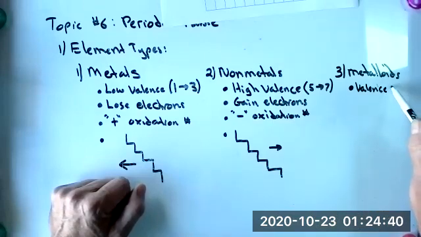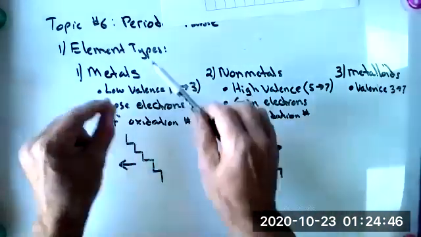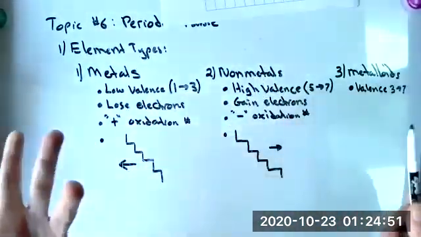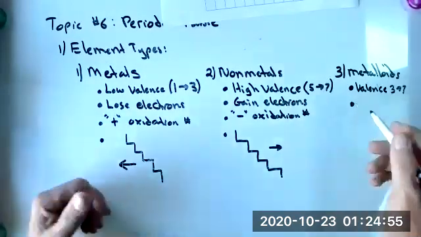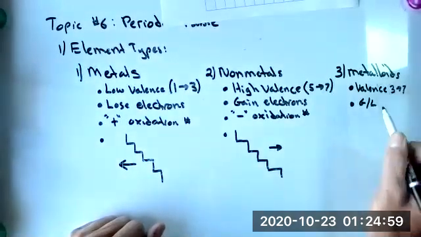The valence can range from 3 to 7. So some have a little bit of this going on, and some have a little bit of this going on, and that's why it's really called no man's land. It really is. I don't know, metalloids as a package deal? I don't know. Some gain and some lose.